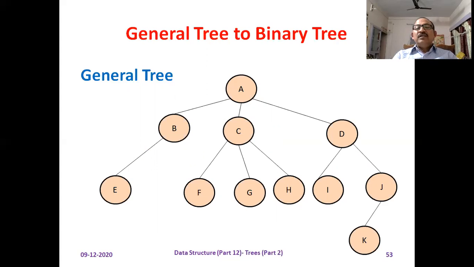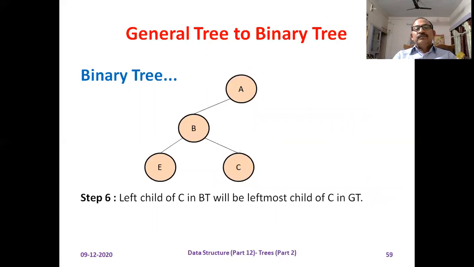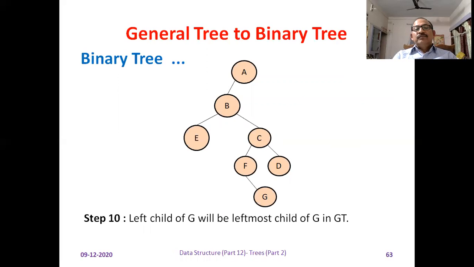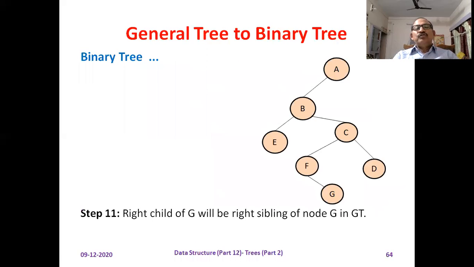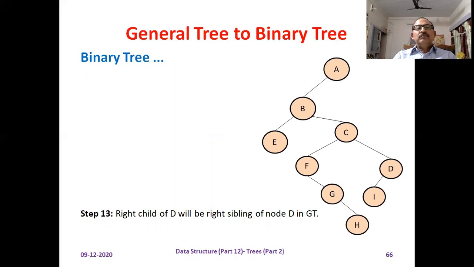And the right child is the right sibling of F. And here you can see the right sibling of F is G. So G becomes the right child of F. Here you can see G becomes the right child of F. Now repeat the same process and you will get a binary tree.